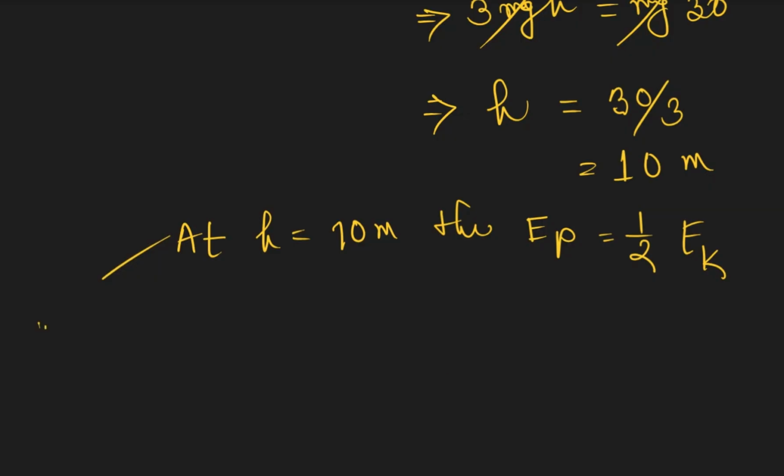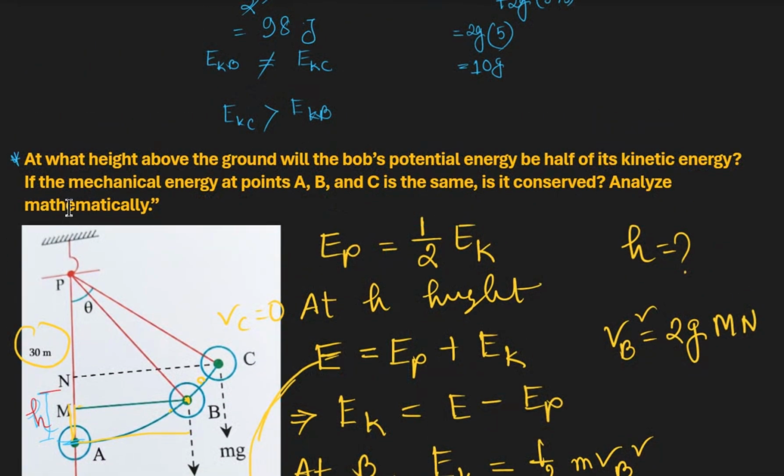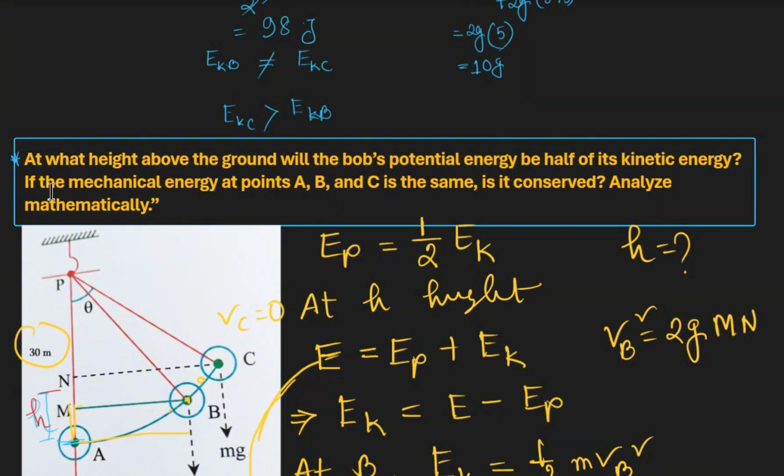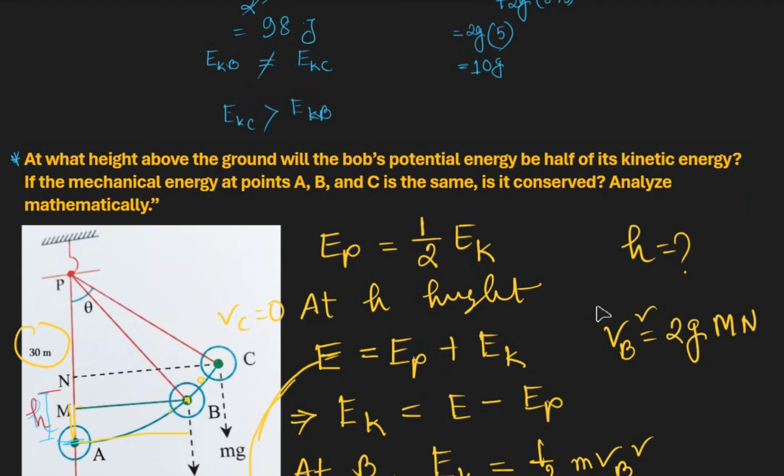And the second part is, mathematically, if the mechanical energy at point A, point B and point C is the same, it means it conserves the postulate of the energy conservation law.